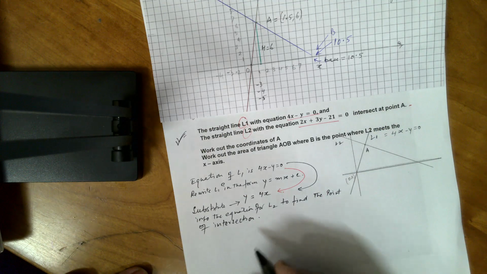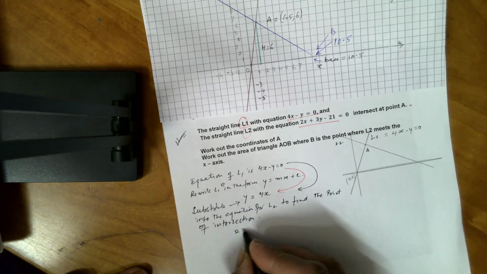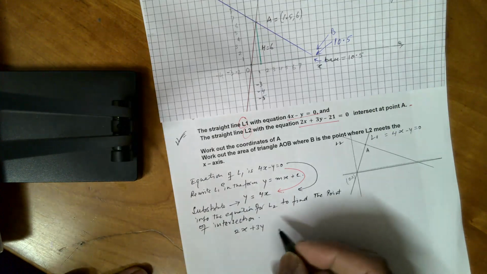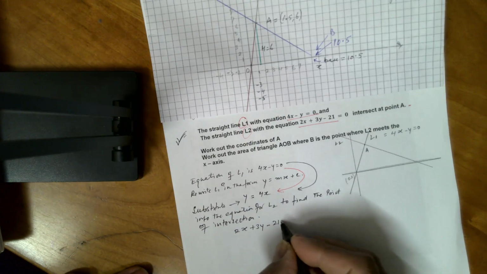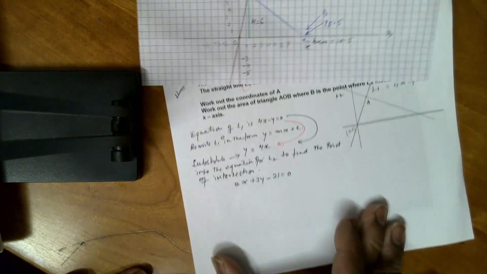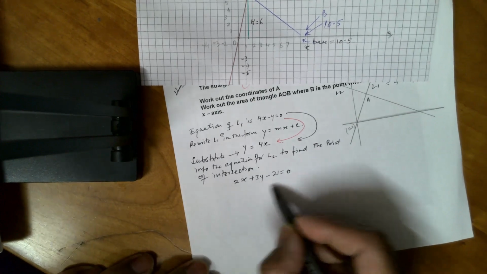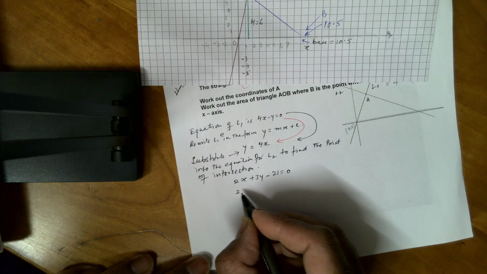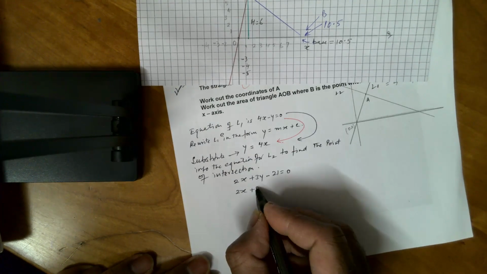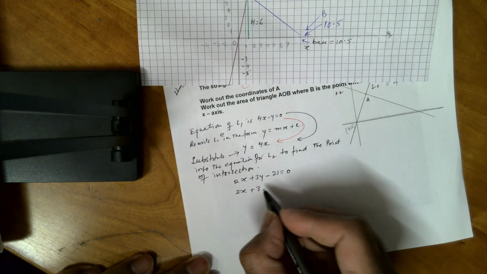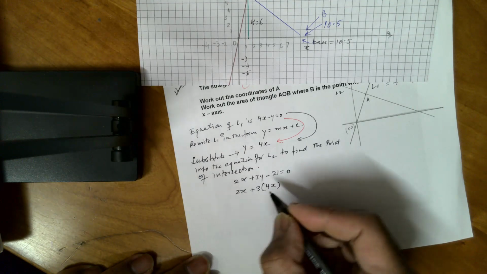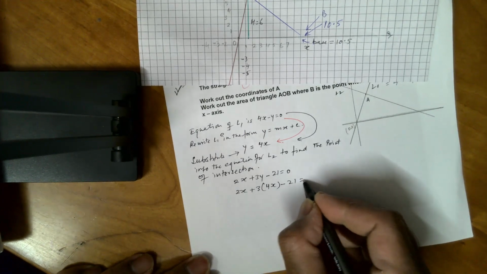So I write down here for you first 2x plus 3y minus 21 equal to 0. Then you got here 2x plus 3 times your y, which is 4x, minus 21 equal to 0.